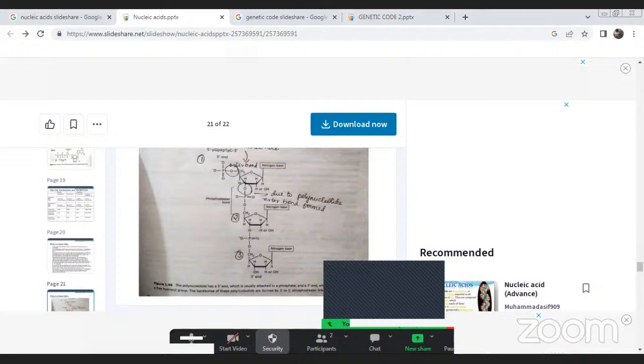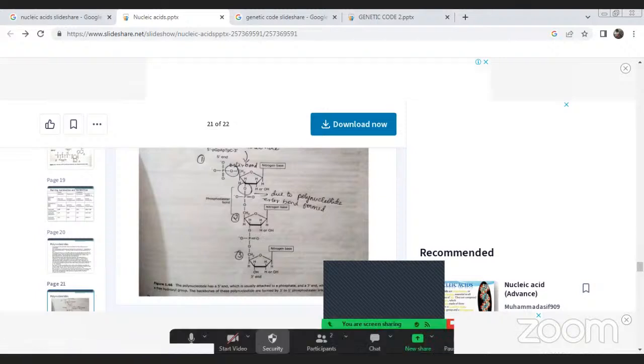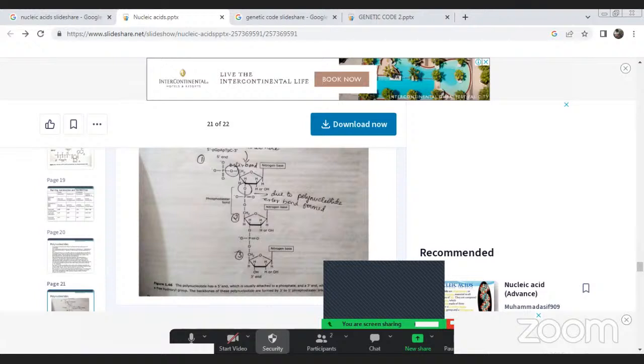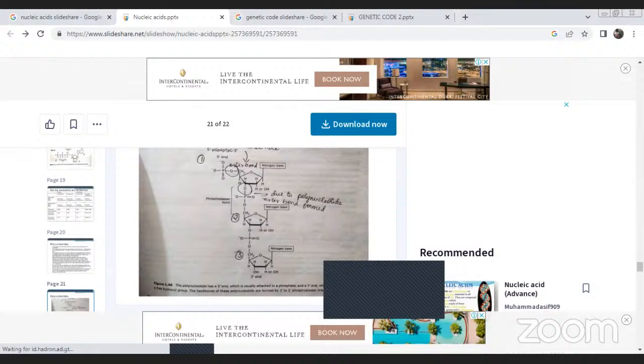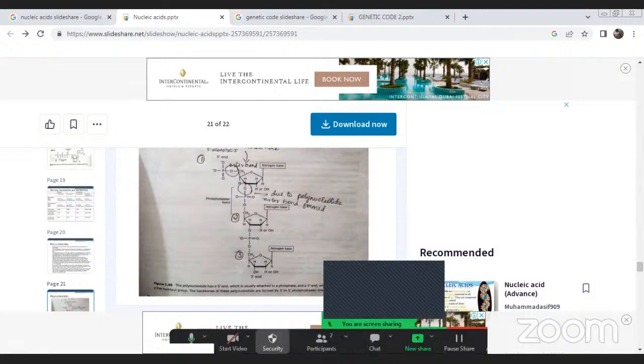These are the formulas. In DNA, the number of molecules of guanine is equal to the number of molecules of cytosine, G equal to C. And next one, the number of molecules of adenine is always equal to thymine, A equal to T. According to Chargaff's law, A plus G equal to C plus T, that is, purines equal pyrimidines.